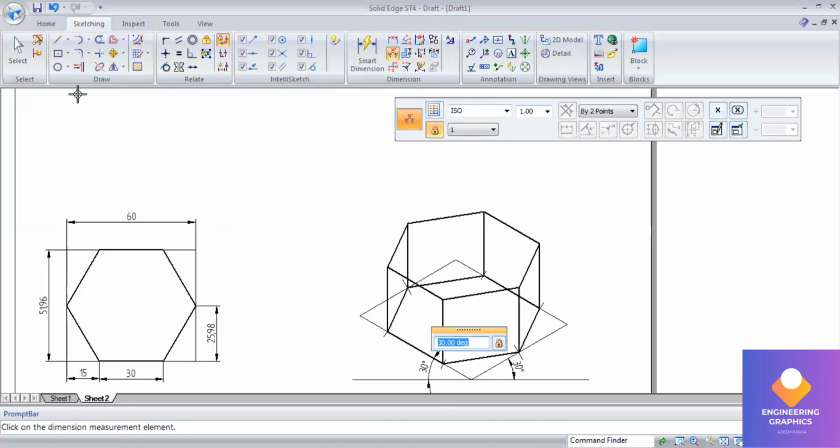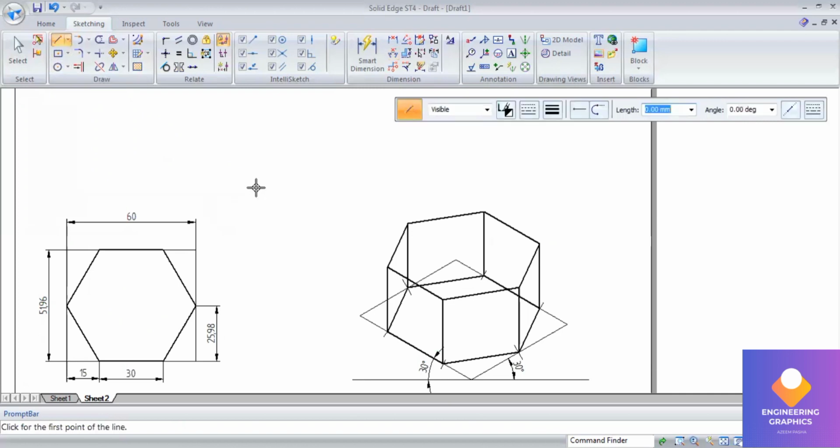On one side I'll be constructing by taking length 40, angle 30, and again length 40, angle 150, length 40, angle 210. Join it.